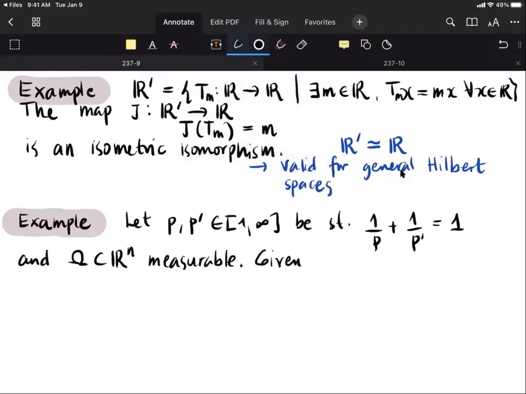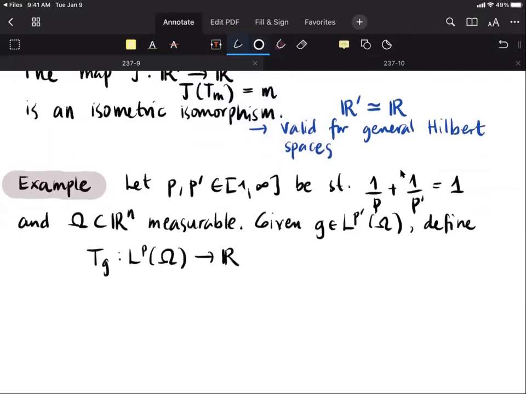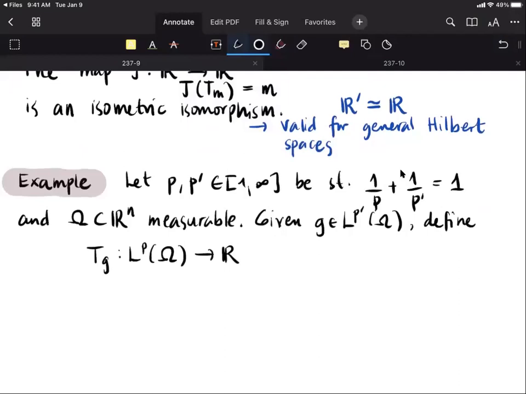Given a function g in L^p prime of omega, a real valued function, let us define the map T sub g from L^p into R as follows.